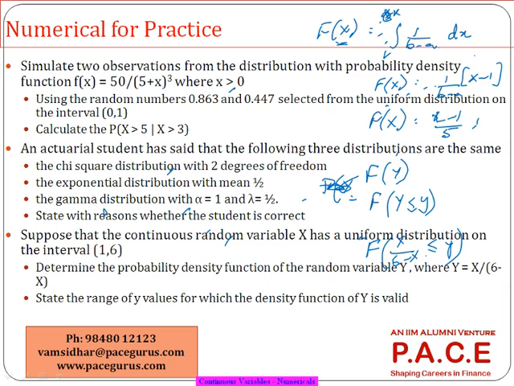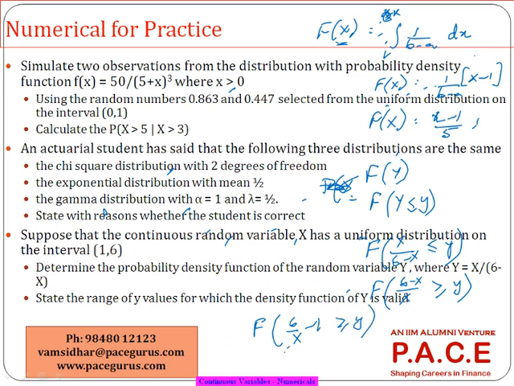Right? Instead of x by 6 minus x, I can do some kind of jugglery and try to write it in the form of x less than or equal to something. First I take the reciprocal: 6 minus x by x greater than or equal to 1 by y. That is as good as saying 6 by x minus 1 greater than or equal to 1 by y.